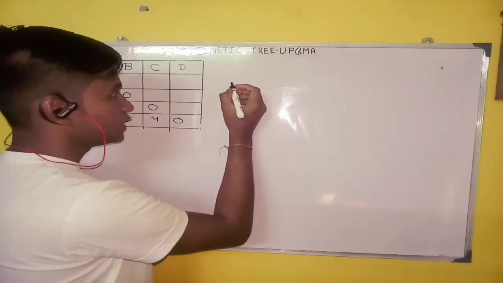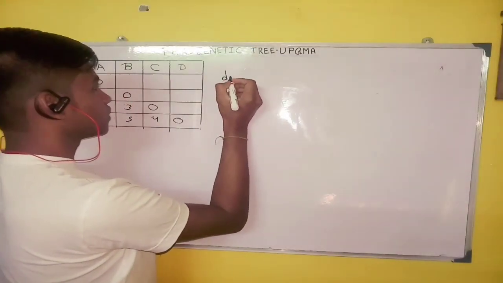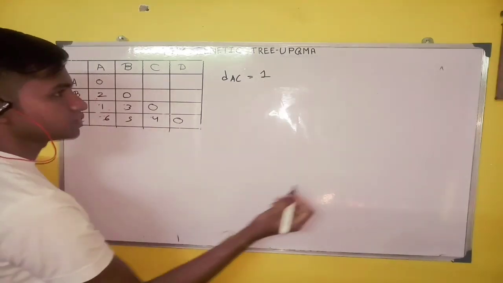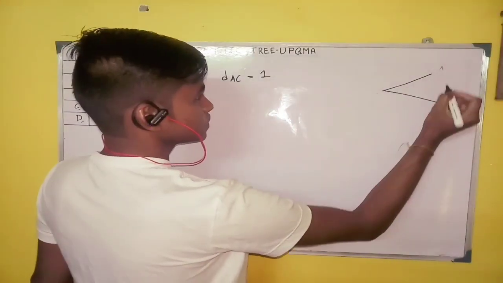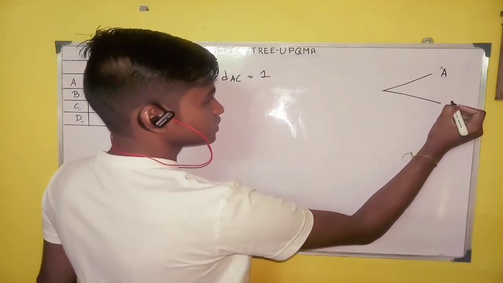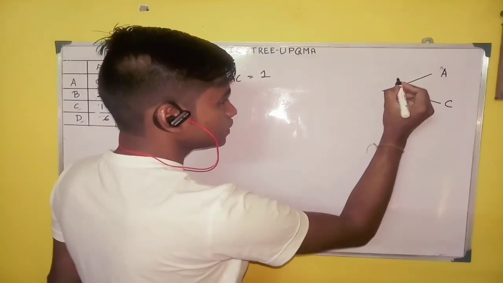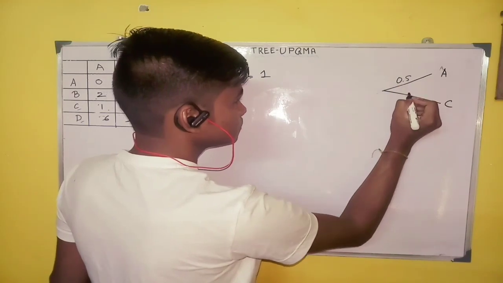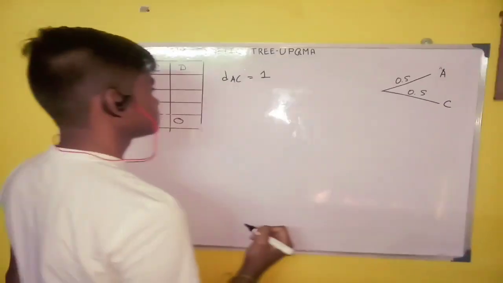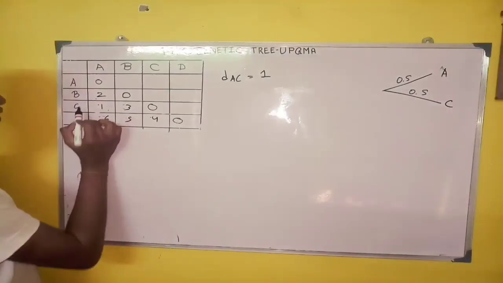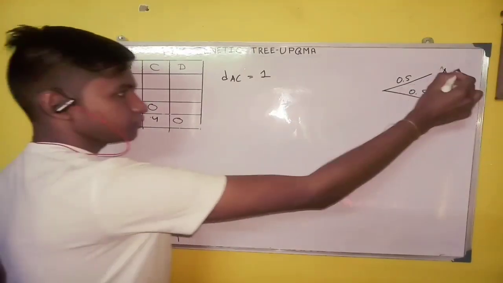So we can write that the distance of A and C is 1, and the root starts to play. It is A and it is C, and this will be shared by 2 lines, so 0.5, 0.5.